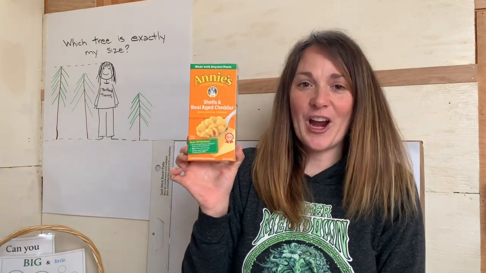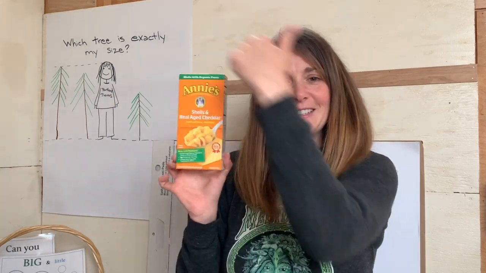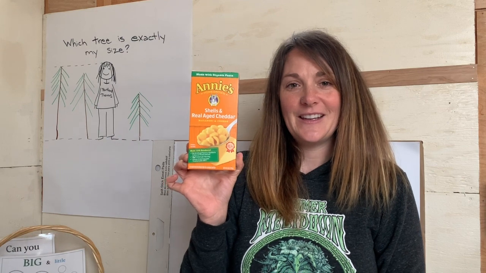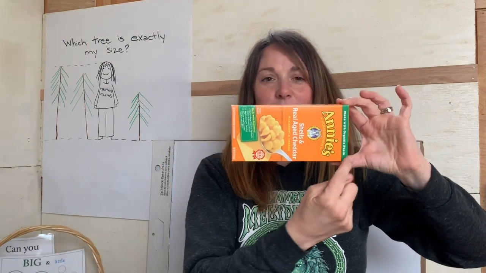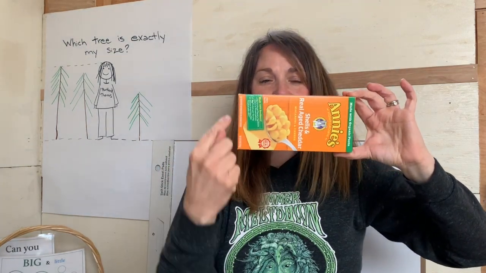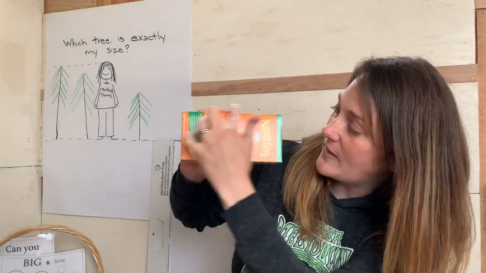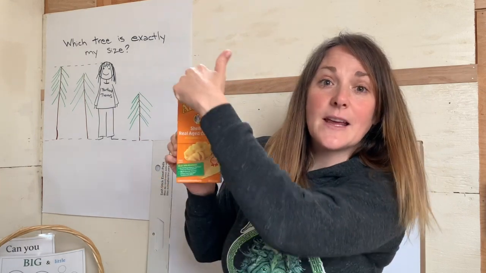Is it a square? Is it a circle? Is it a rectangle? If I turn it this way, does it help you guess? So this shape is a rectangle. So we see a rectangle if we turn it this way. If we turn it this way, still a rectangle.